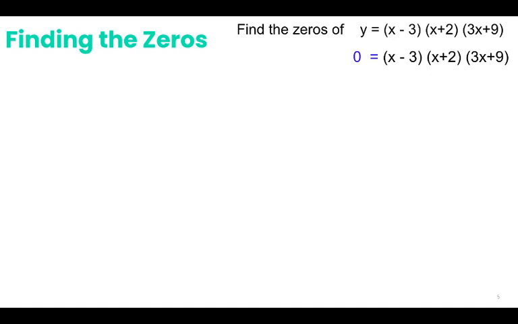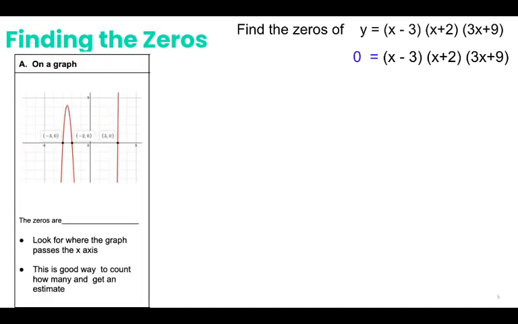So the way that we've already looked at this is on a graph. On a graph, y equals 0 presents itself as our x-intercepts. So a way to find the zeros on a graph is by looking for the x-intercepts, where the graph passes the x-axis. So here's the x-axis in orange, and I have 3 points where this red graph, this red equation, passes my x-axis.